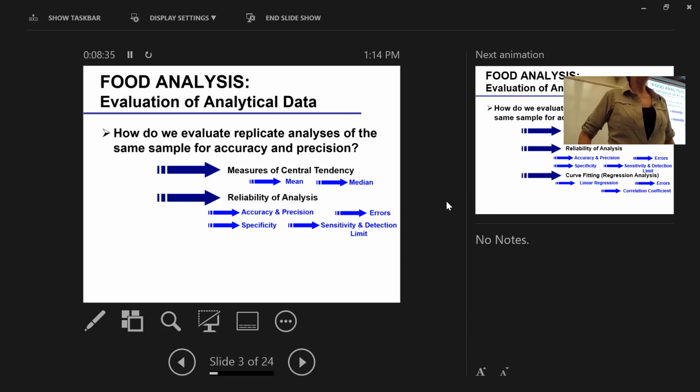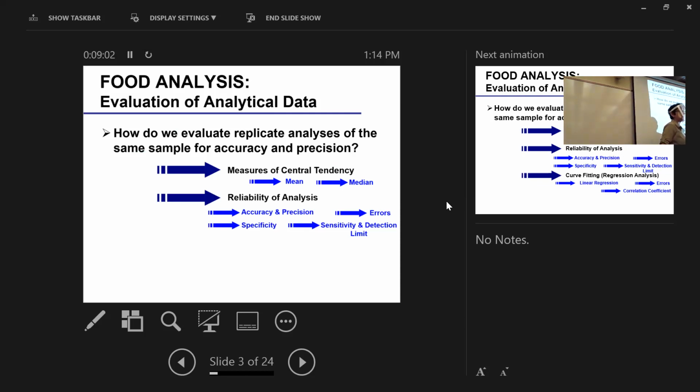Then we test the reliability of this data by determining accuracy and precision. The errors are important because the errors we make contribute to our precision and accuracy. The more error you incorporate, the lower your precision and potentially the lower your accuracy.